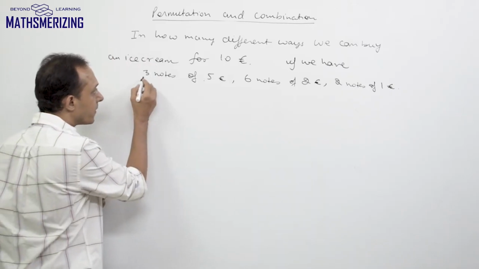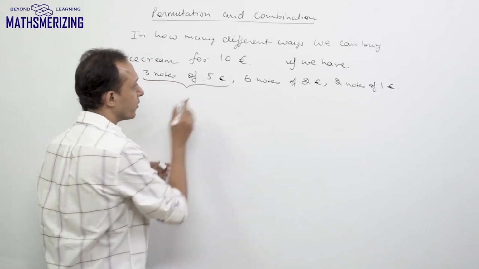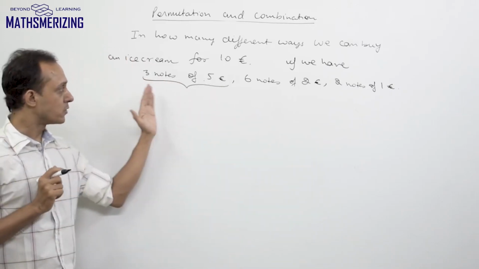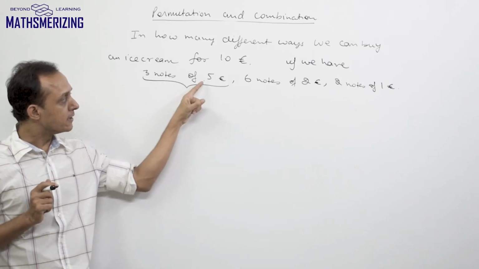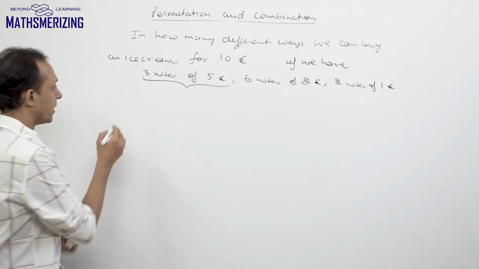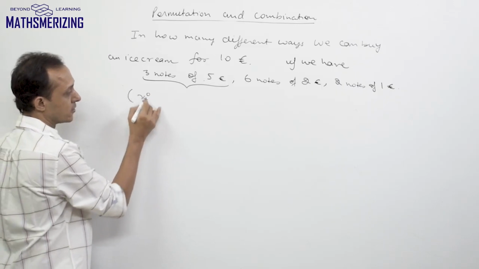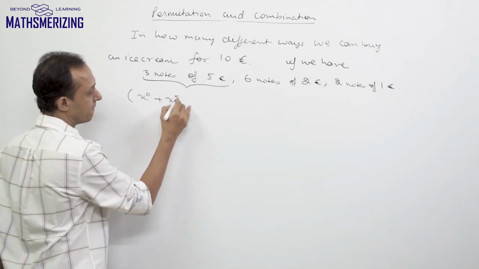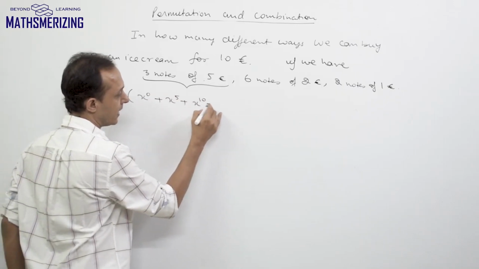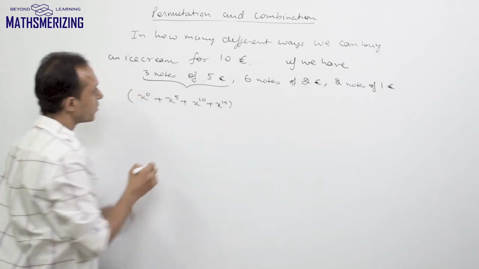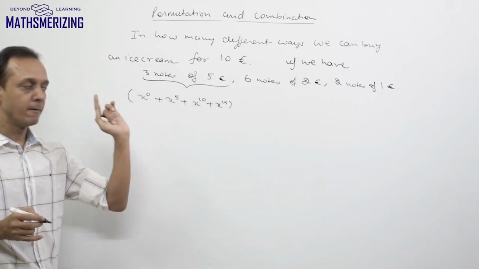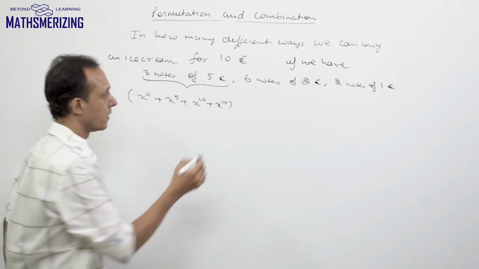Now, if we look at these 3 notes of 5 euros, then the amount that I can pay using these 5 euro notes: either I'll pay nothing, which is x to the power 0, or I can pay 5 euros or 10 euros, or if I use all the 3 notes, I can spend 15 euros.